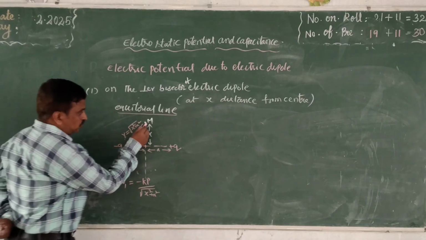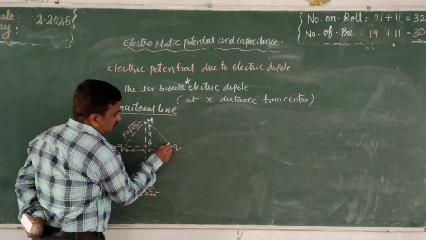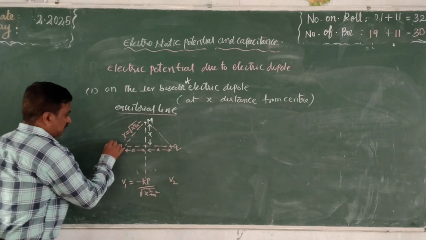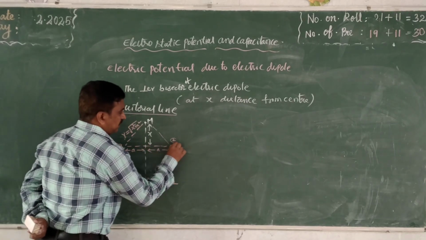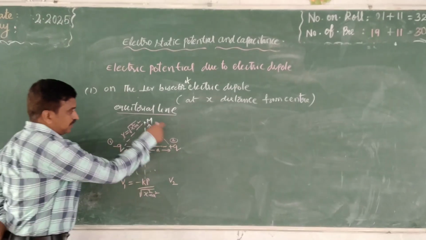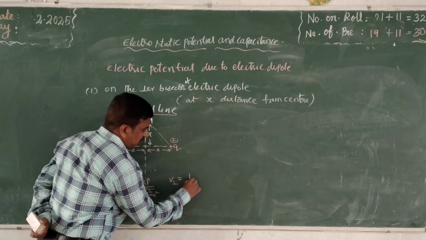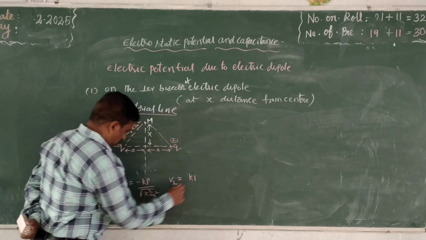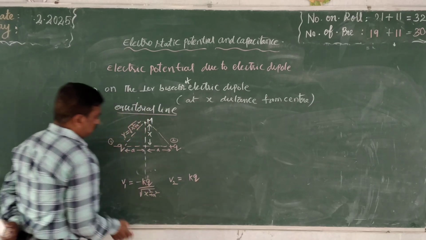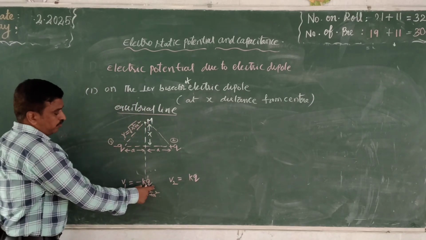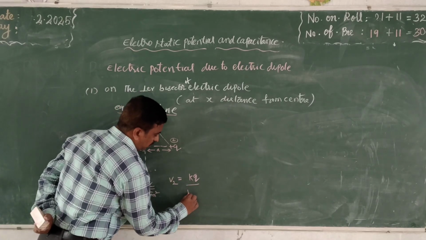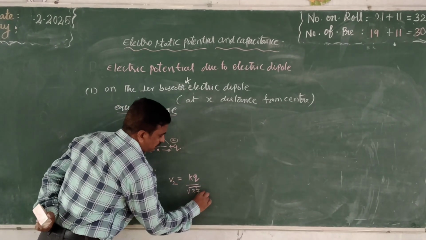Due to plus q, what is the potential at m? That is V2. We can take one as the first charge and the other as the second charge. Due to the first charge, minus kq by root of x square plus a square. Due to the second charge, the charge is q, so kq by root of x square plus a square.